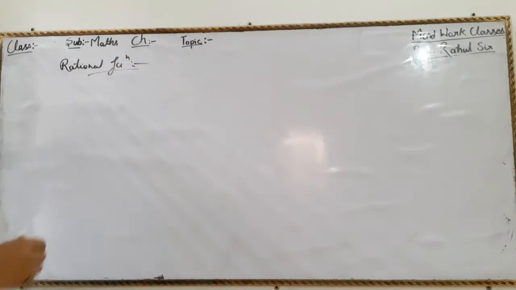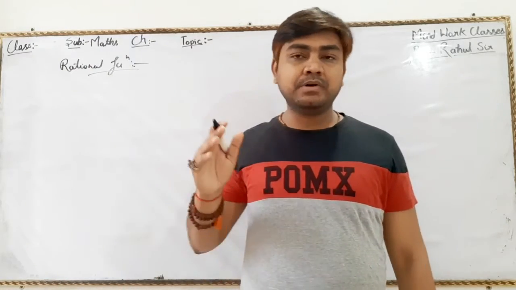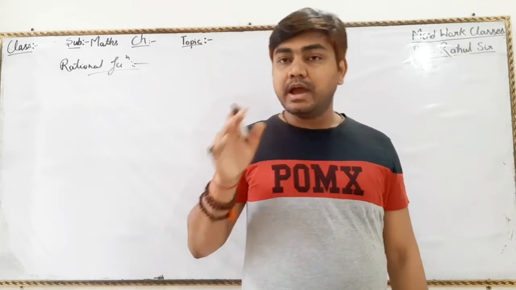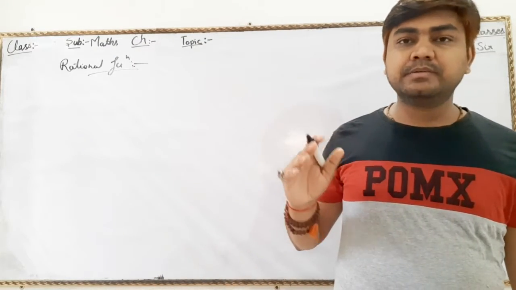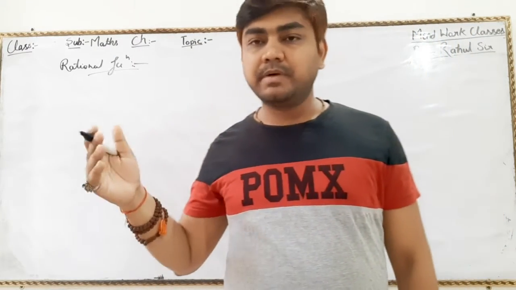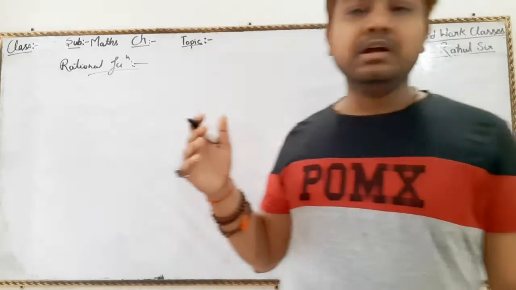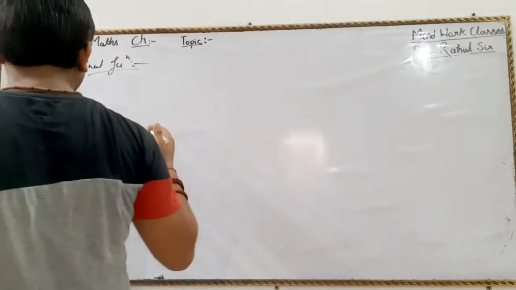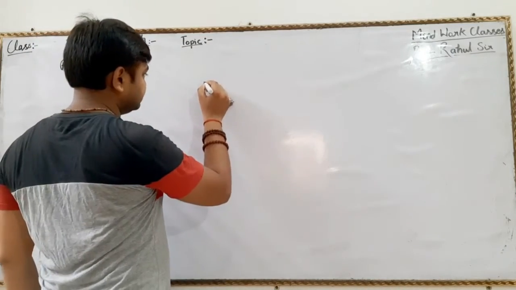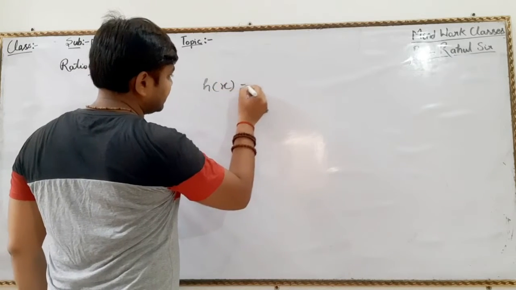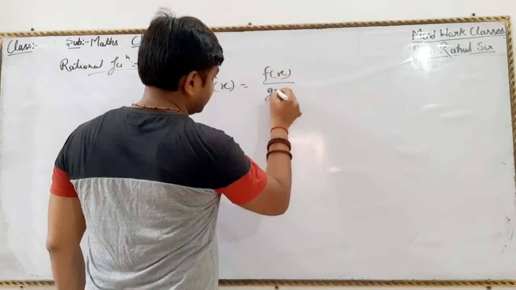So what is a rational function? Any function which is given in the form of p by q. Rational function should be in p by q form, and it should be like two algebraic functions, like h(x) is equal to f(x) upon g(x).